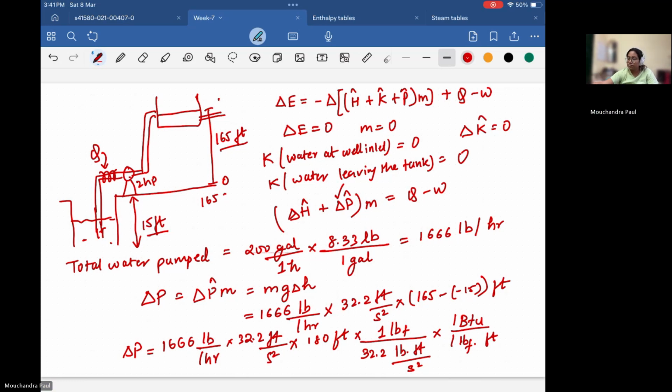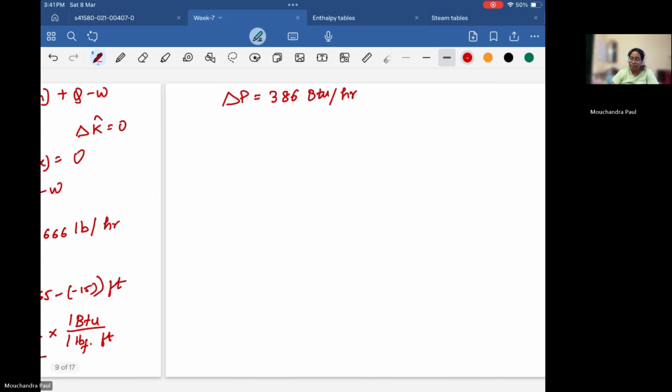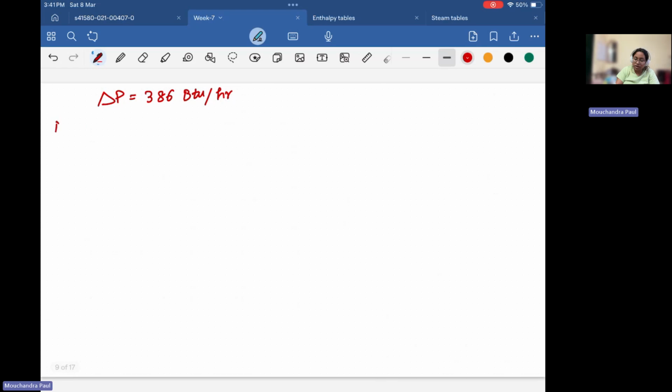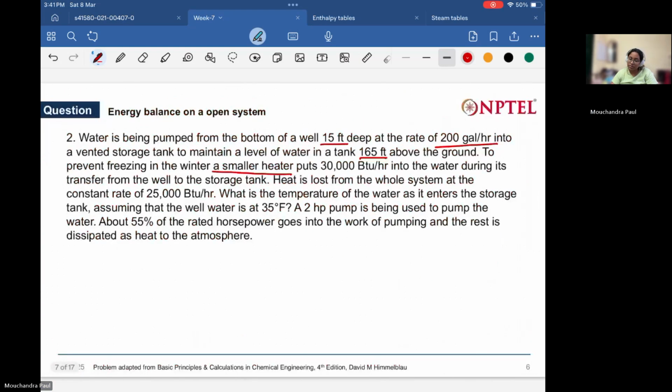Next, what is the heat amount? Let's calculate Q, the net heat exchanged. Now, initially, the small heater adds heat that is around 30,000 BTU per hour.